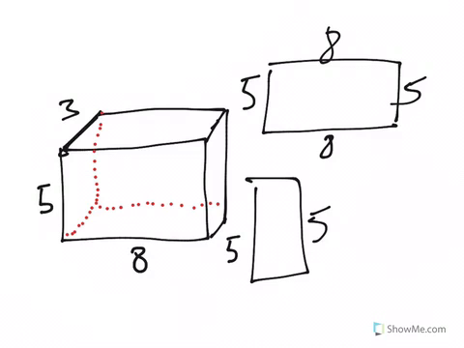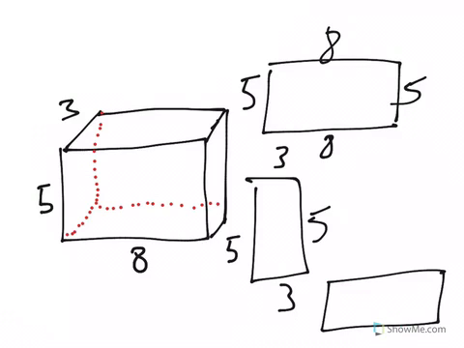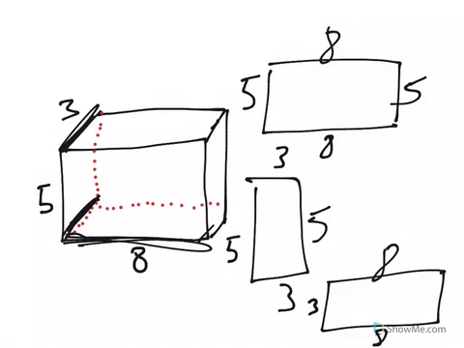And then this portion here would be 3, meaning that would be 3. Now we have the top and bottom, which this is 8, meaning this is also 8. And then going back, since this is 3 here, this is 3, and this would be 3 as well.